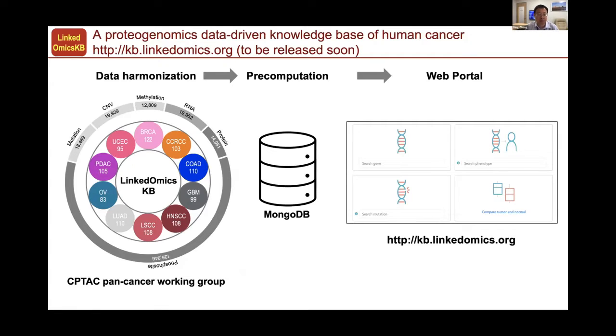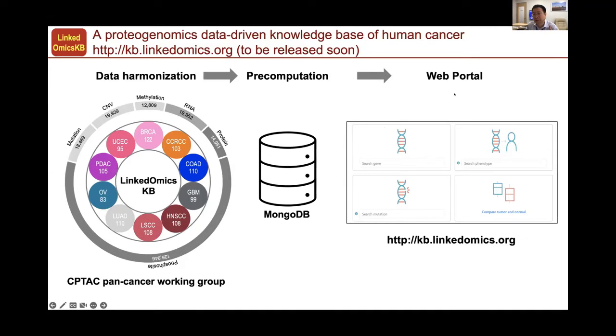It aims to use the proteogenomics data to develop a knowledge base for human cancer proteins. This is built upon the CPTAC pan-cancer working group's harmonized data from all 10 cancer types. But rather than letting users perform analysis online, we did all the computations on the back end and then stored all the results in MongoDB.